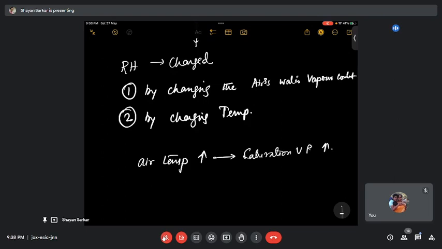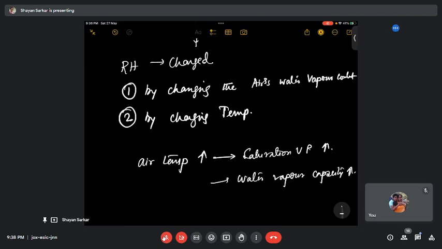Because we know that the higher the temperature is, when the temperature rises, the water vapor capacity actually increases. Water vapor capacity increases.